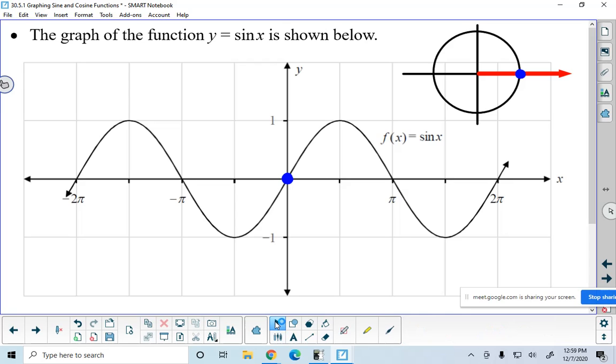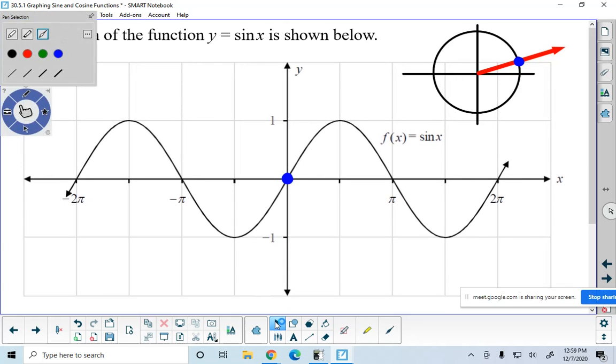If you look at what happens to the y coordinate on the unit circle when I increase the angle, the y coordinate goes up. Now, on the unit circle, the y coordinate is the sine of the angle, which means as this angle x, which is really theta, increases, the y coordinate, which is sine, goes up.